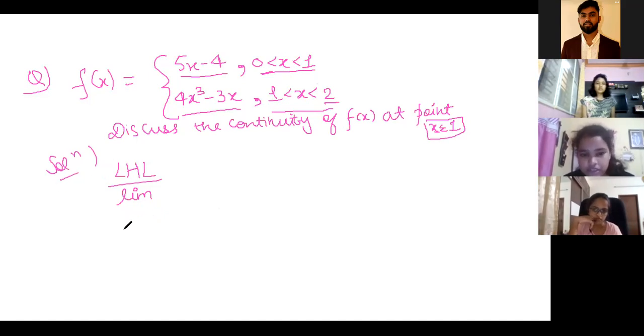So first of all, we'll find LHL, which is the left hand limit. Now limit x tending to 1 minus. Now you understand why I have written 1 over here, because it is common in these two. Now why have I written minus? Because we are finding LHL. Now how will we do this? When we write the function here, we'll substitute the value of 1 minus, where the value is less than 1.